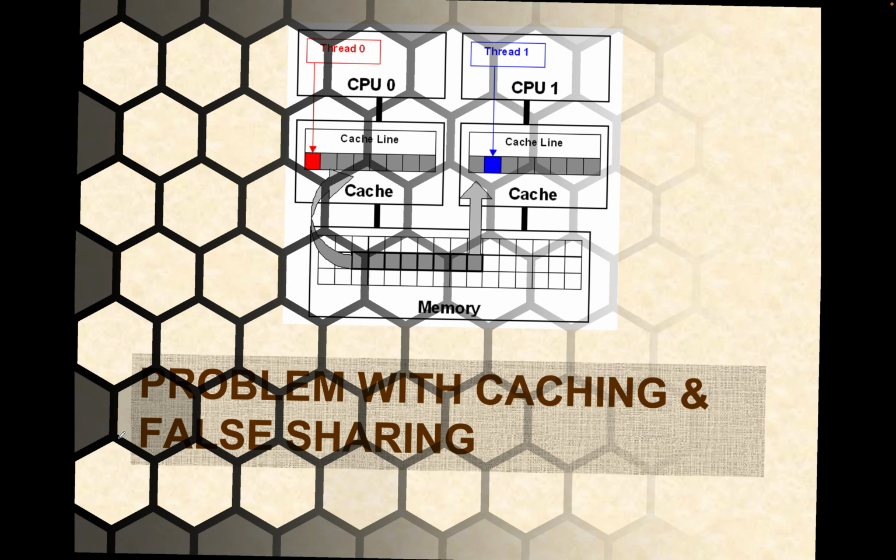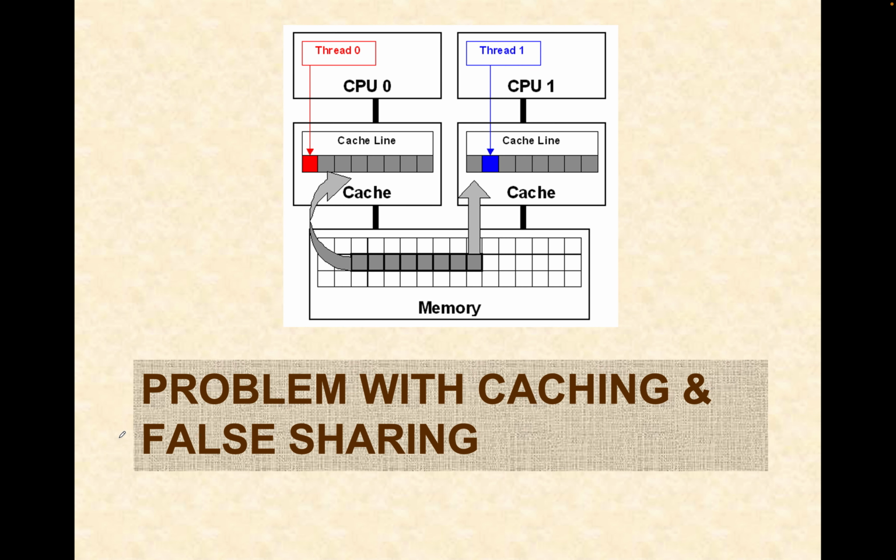That reduction approach works pretty well in solving the problem. However, it has a very, very significant hidden performance issue, particularly in the area of caching. And this issue is called false sharing, and we are going to take a slightly deeper dive into false sharing to understand why it is a performance issue.